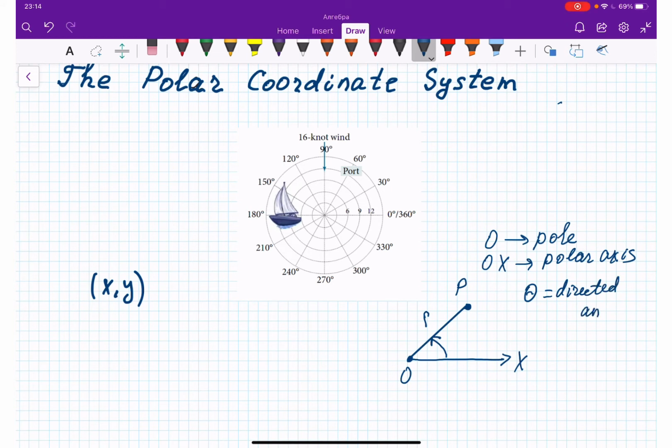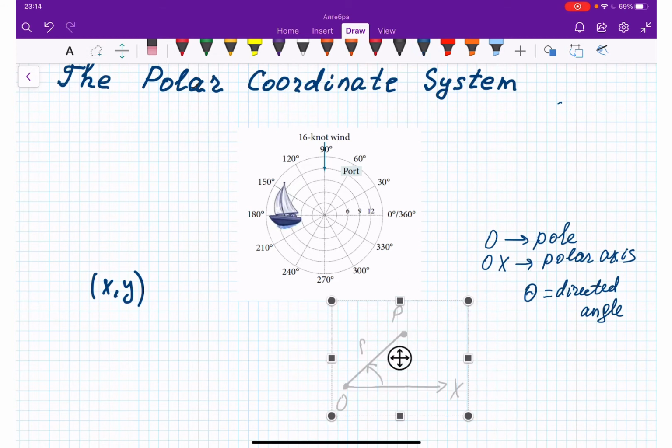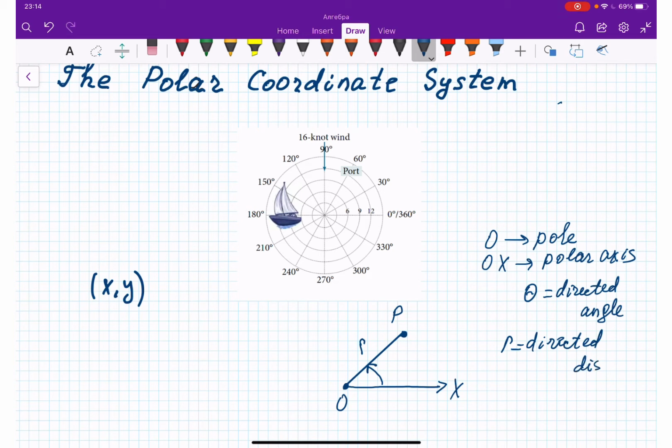Directed angle. And r is the directed distance.